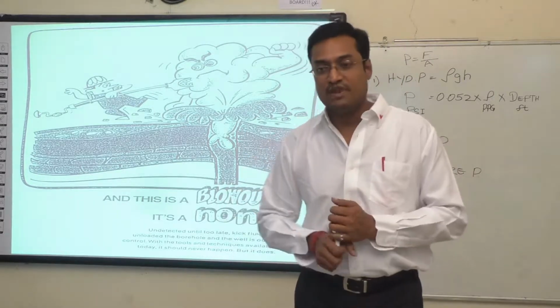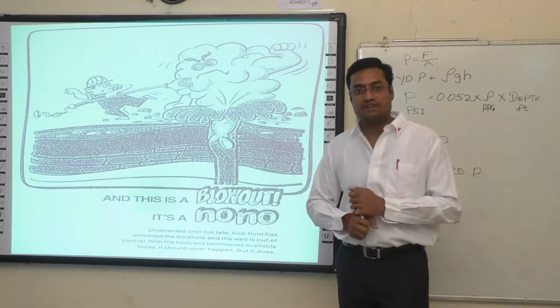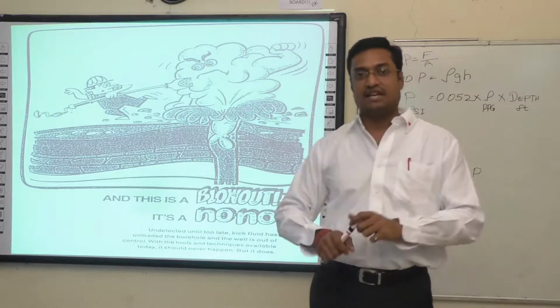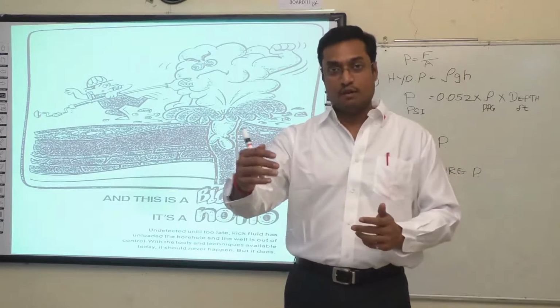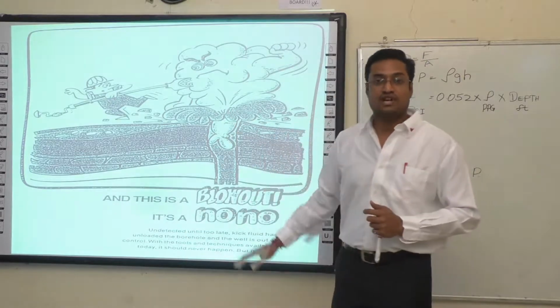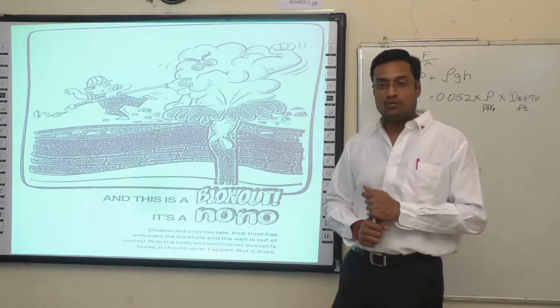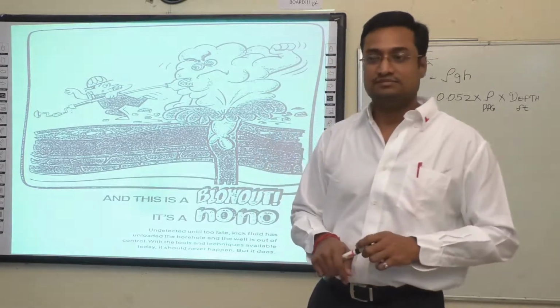If this should not happen, we need to have better control. More than that, we have to be very, very vigilant at the rig side. Any small pressure differences, stop drilling. Check if it is a kick. If it is not a kick, confirm and proceed with drilling. But if it is a kick, we have to start the well control methods immediately. So, when there is a wrong indication, don't take it lightly.